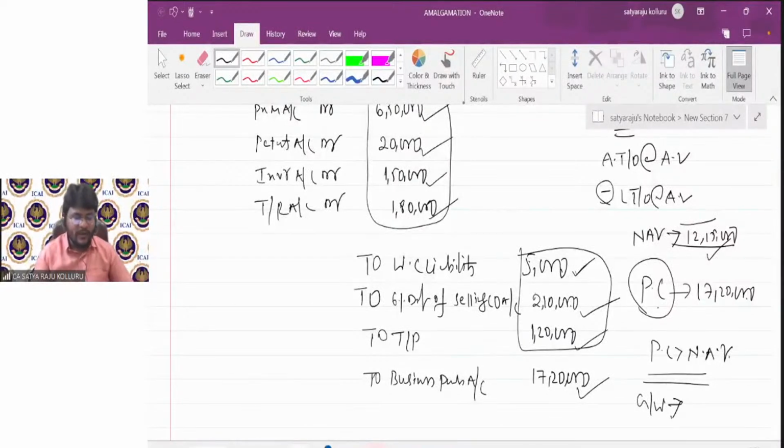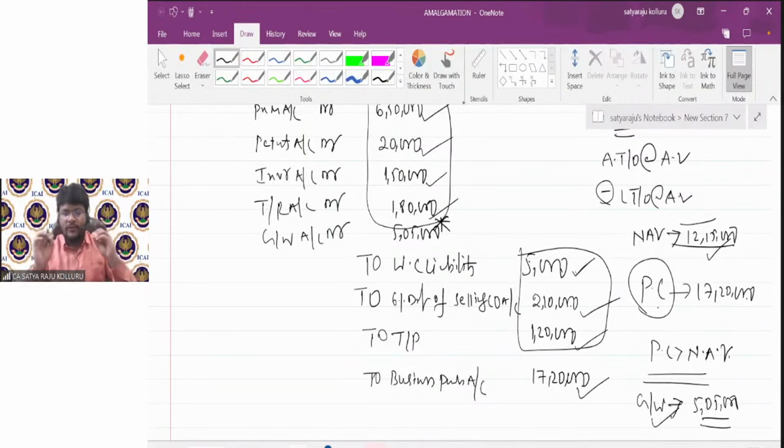The difference of 17,20,000 and 12,15,000 is the goodwill. How much, guys? All of you quickly. It's 5,05,000. Absolutely correct. Now the difference you can put as goodwill account, which is 5,05,000.